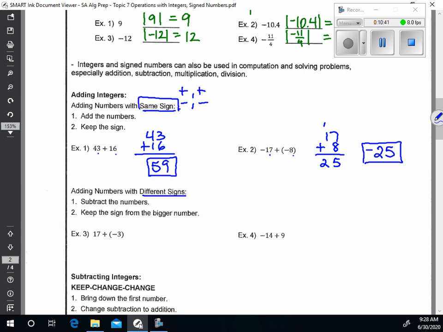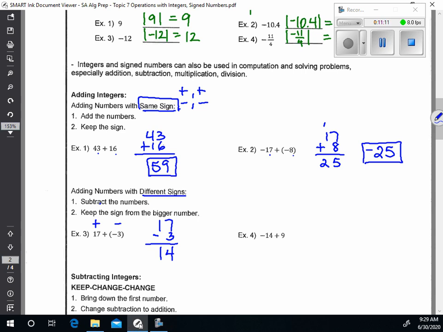If the signs are different, then we follow a different rule. Now, we're going to subtract the two numbers. So in example 3, you have 17 plus negative 3. The 17 is positive, the 3 is negative. Since the signs are different, you're going to subtract the numbers, and then you keep the sign from the bigger number.